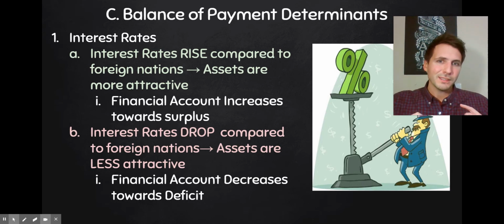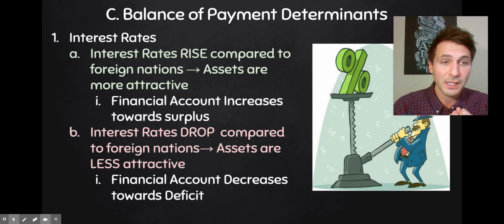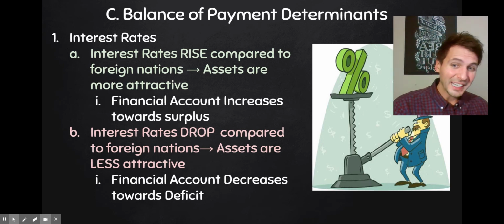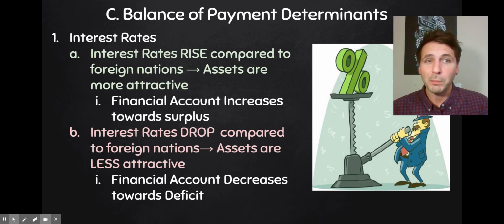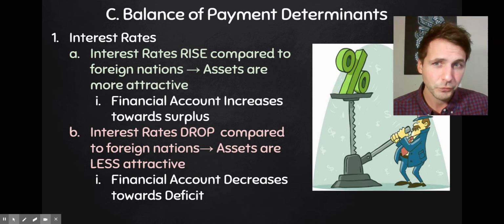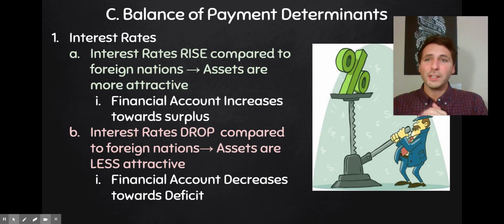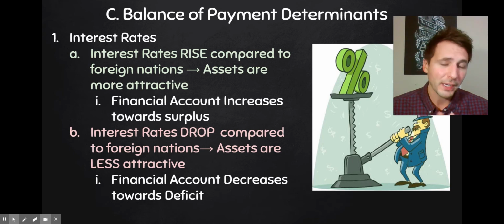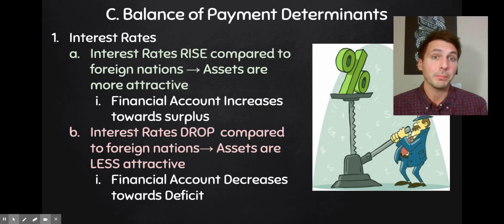In fact, the United States is probably buying bonds abroad because they have higher interest rates. So there's going to be outflow, which is going to be negative. It's going to pull down our financial account as there are more and more debits on our account. Okay, so that's interest rates. Interest rates have a direct relationship with the financial account, right? They impact that directly.